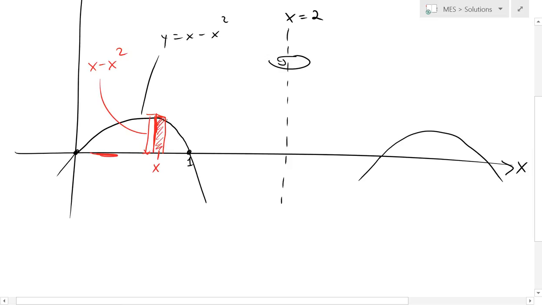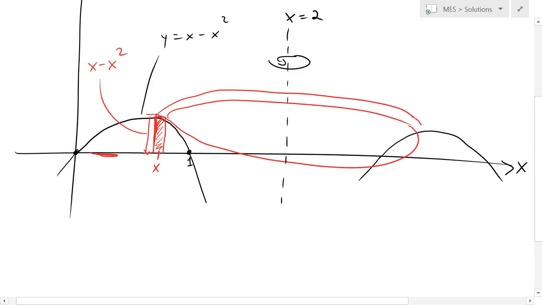Now we're going to be rotating this about the line, so it's going to look something like this. This drawing's not perfectly symmetrical, but it should be. And this would go all the way across. And there is our shape. This is behind it.